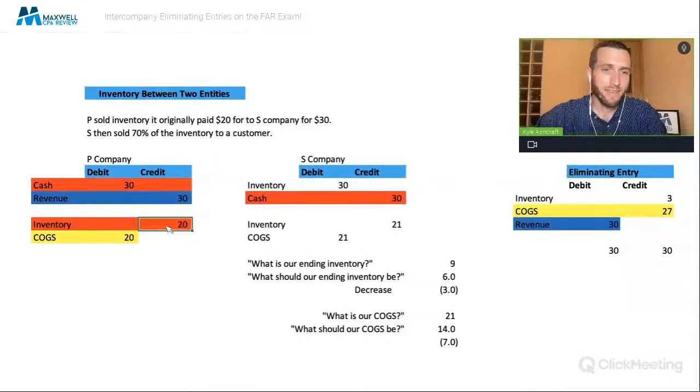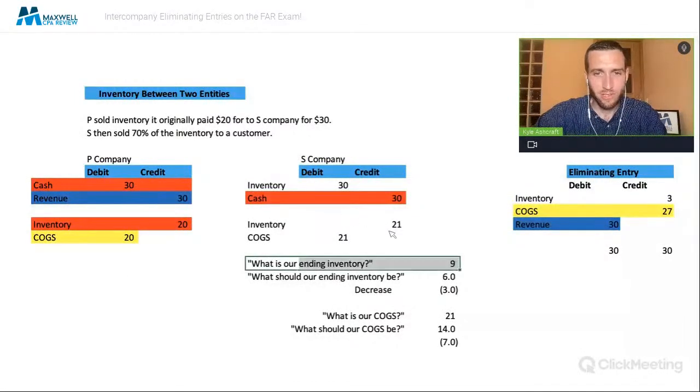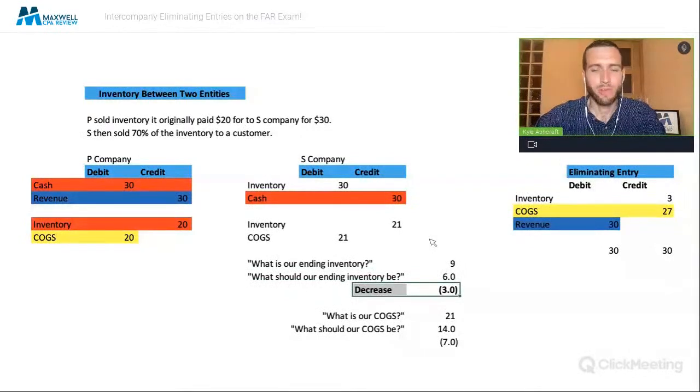Because once again, if they sold 70% of this $20 of inventory to this outside party, then the only remaining part would be 30%. So it'd be 6 for the ending inventory. So we ask, what is it and what should it be? So it's currently 9 because of these two. What should it be? It should be 6. Therefore, we need to decrease it by $3.